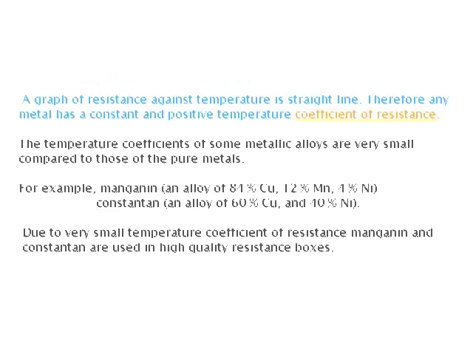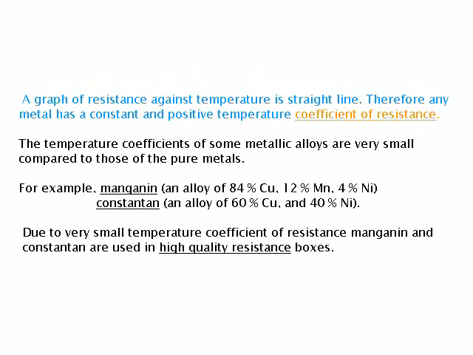A graph of resistance against temperature is a straight line. Therefore, any metal has a constant and positive temperature coefficient of resistance. The temperature coefficients of some metallic alloys are very small compared to those of the pure metals.